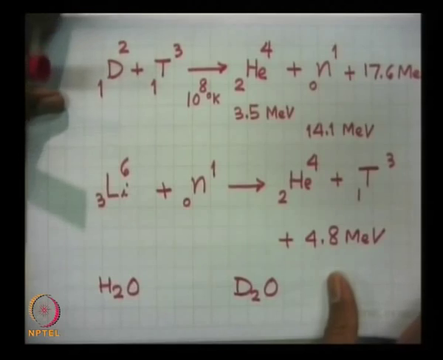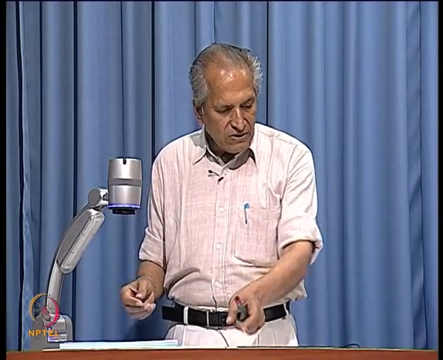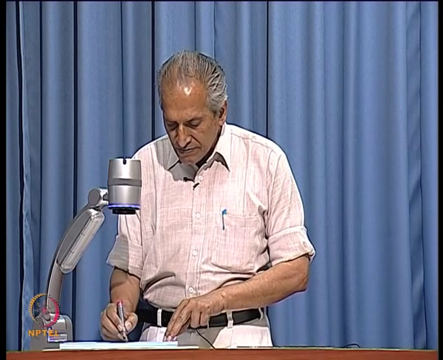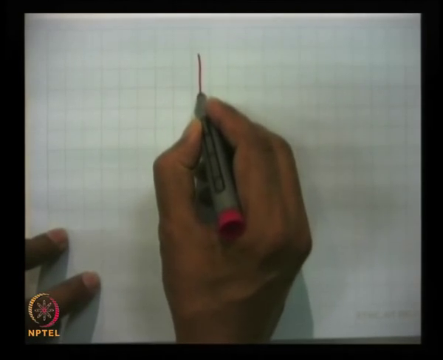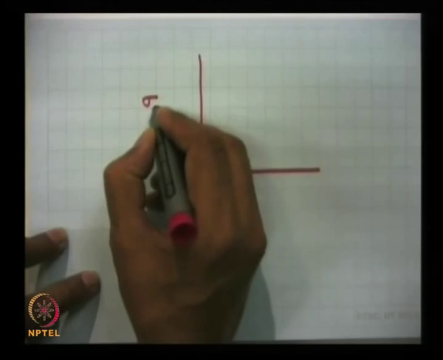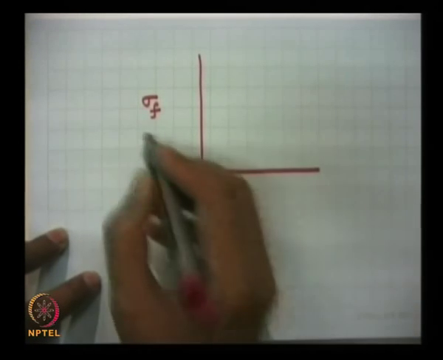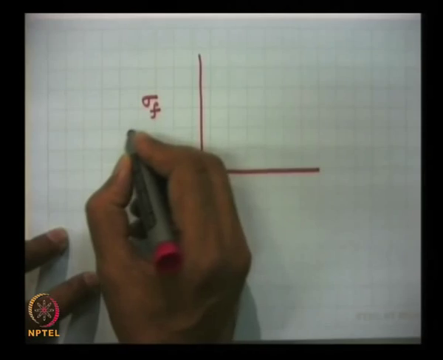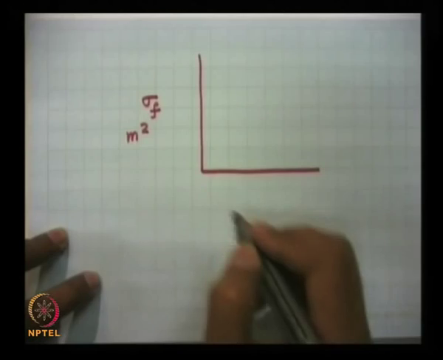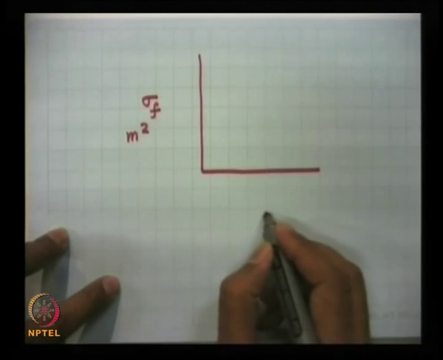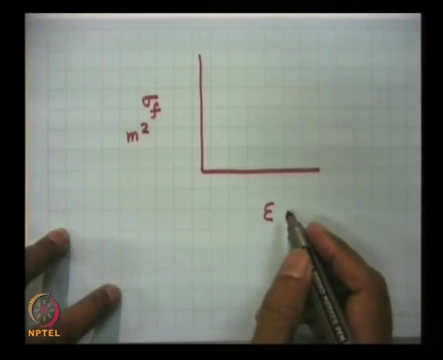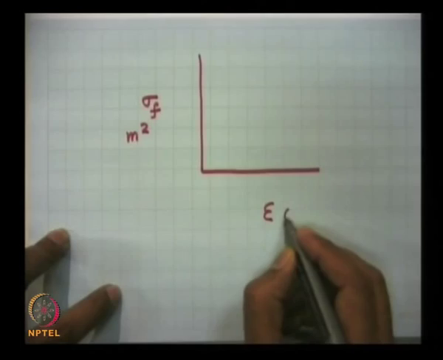An important quantity of consideration is called fusion cross-section, which depends strongly on the energy. So if I plot here a graph, the fusion cross-section, in meter square, and I plot energy of deuterium when it is bombarding or coming close to the tritium, and this I write in keV.